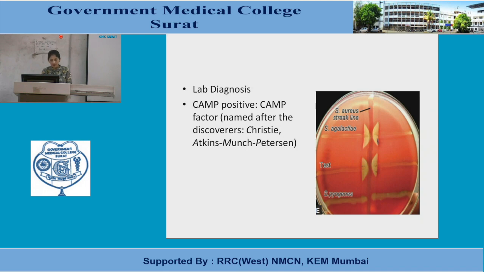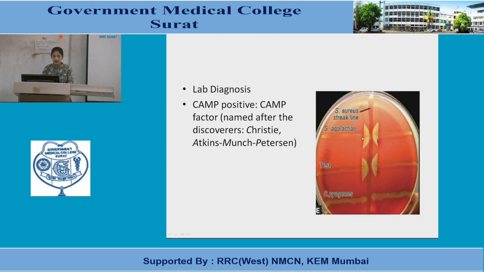The next day, you will see an arrowhead type of hemolysis in the case of Streptococcus agalactiae, but it is not found in Streptococcus pyogenes. Here we are using Streptococcus pyogenes as a control. The middle one is the test portion, the colony which we want to test, and there is another positive control for Streptococcus agalactiae.